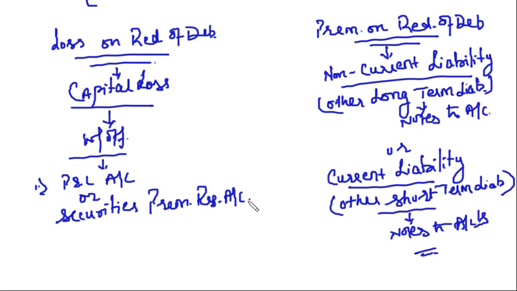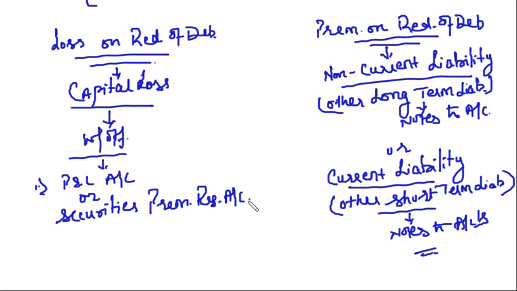The restrictions have been put as per section 52 of Companies Act 2013. The one purpose for which securities premium reserve account was used was to write off discount on issue of debentures. Now, this is the second reason where we can use this account: writing off loss on redemption of debentures. One is discount on issue of debentures. Second is loss on redemption of debentures.